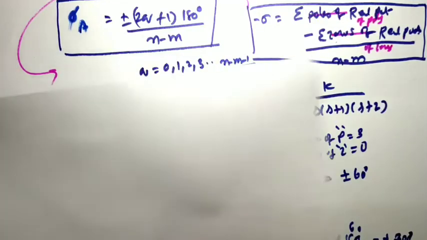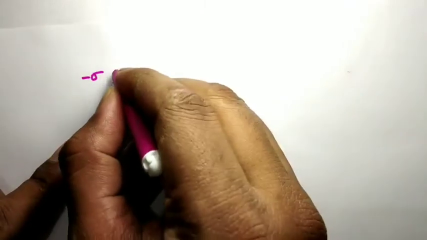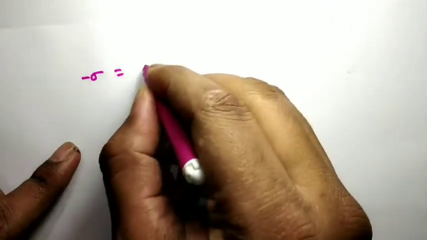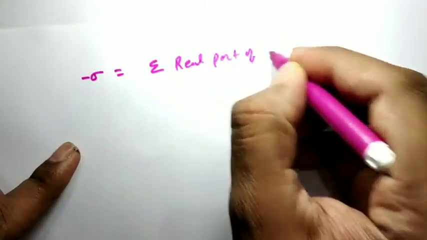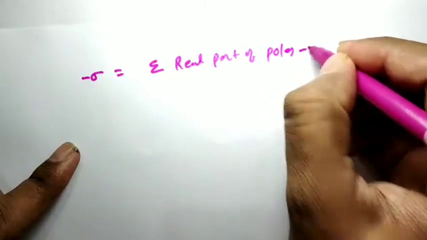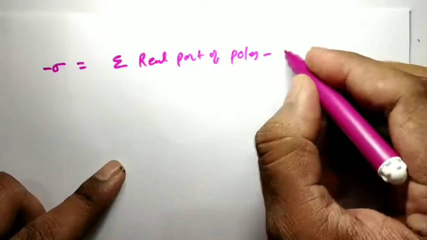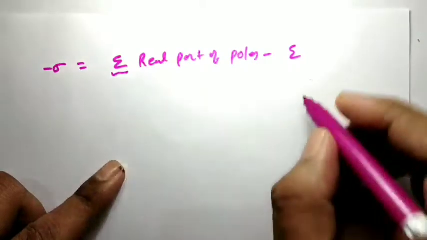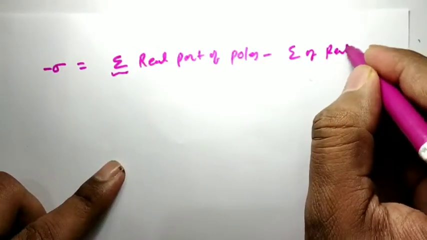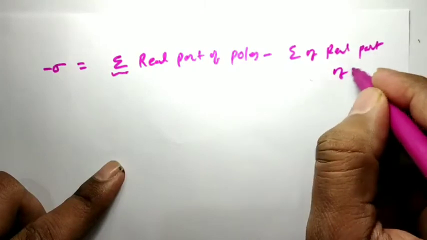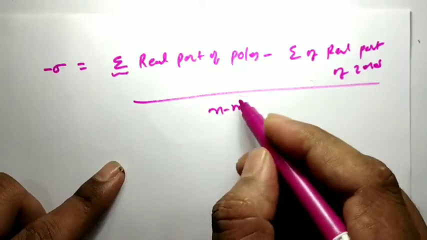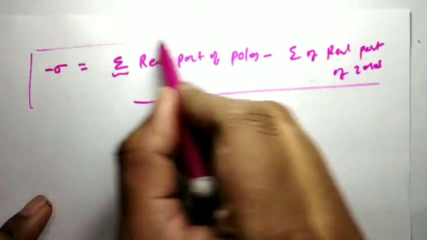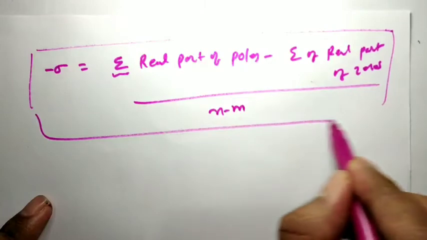The centroid equation is: sum of real part of poles minus sum of real part of zeros, divided by n minus m. Okay, this one is the equation.